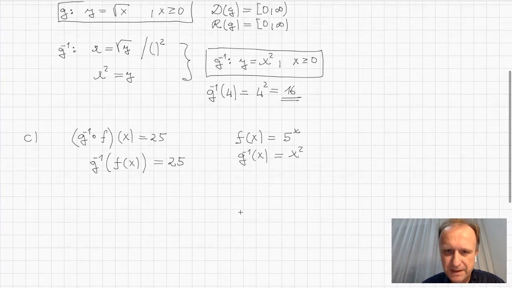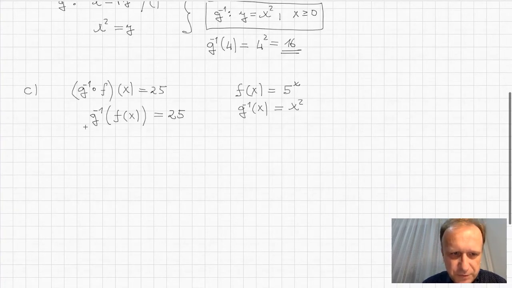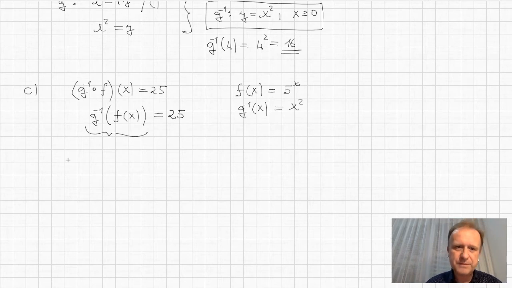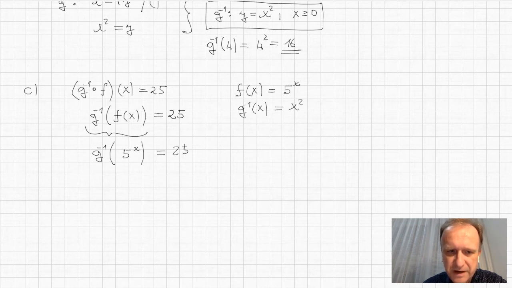If we want to assign any meaning to this, we should replace the expression on the left-hand side of the equation by something we can understand. So we evaluate g inverse of, and instead of f of x, I just write 5 to the power of x. So this is to be equal to 25.